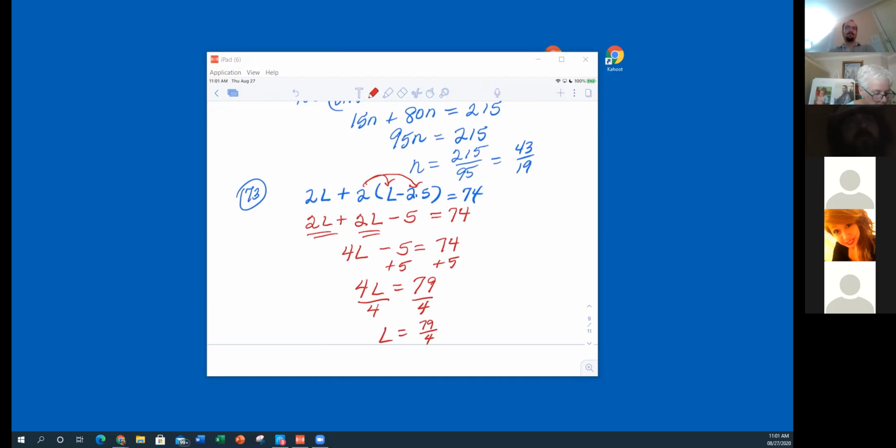I don't know what that is. I think you can simplify it maybe, but I don't think you can solve it. So that's as far as you can take it. You can put it as a decimal if you want to. And probably in this problem, it would be better because it makes more sense. That would be 19.75 feet. But you could just leave it 79/4 if you wanted to.